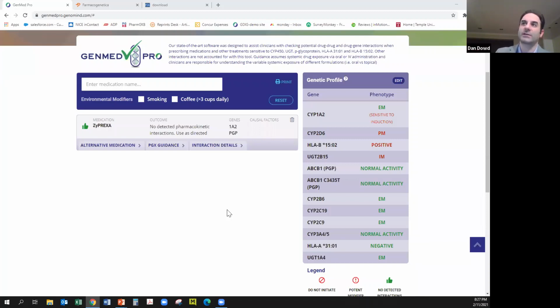What we can do is schedule a consult with me or one of your medical science liaisons. We can create a profile that matches one of your patient profiles, enter any drugs you want, save it, and mail you a copy. We're happy to do that, but we can't retroactively apply the new algorithm to the old reports.